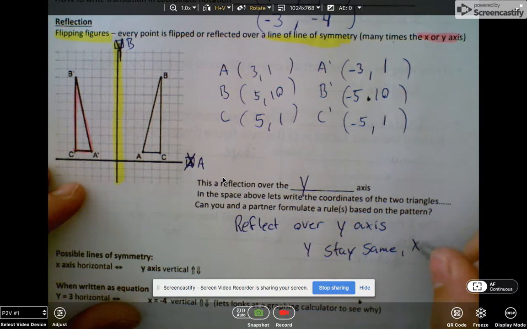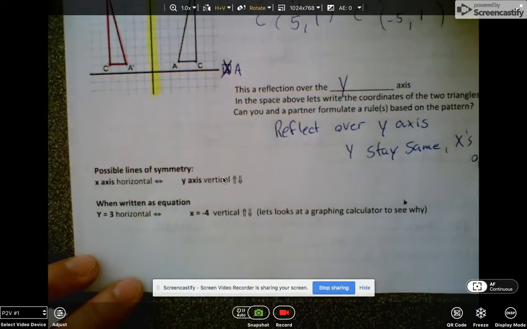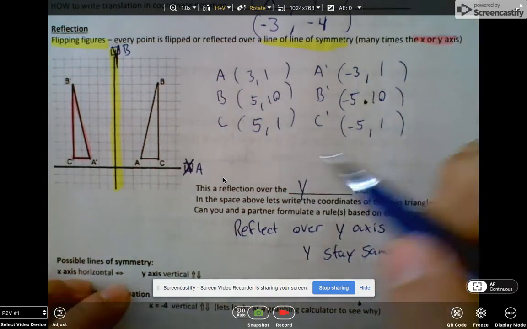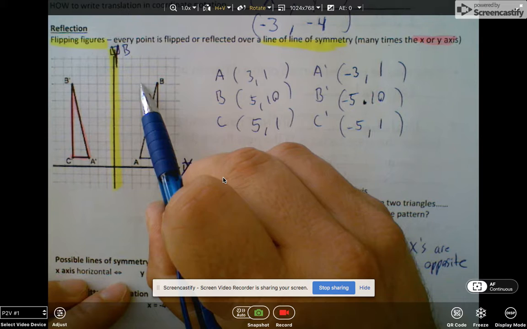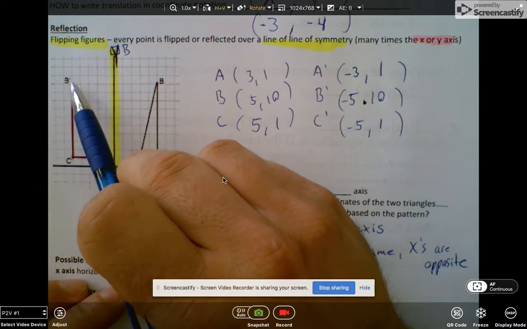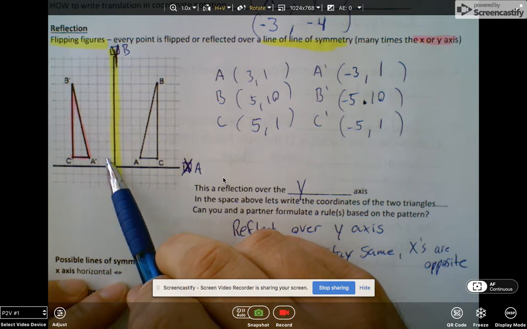So we'll put here x's are opposite. All right, so just to finish this up, again, you're flipping every point. So if you were to actually flip it over, you count to your line here and do the reflection 1, 2, 3, 4, 5 spaces, and then 1, 2, 3, 4, 5. Same thing here, 1, 2, 3 to the line, reflection 1, 2, 3.